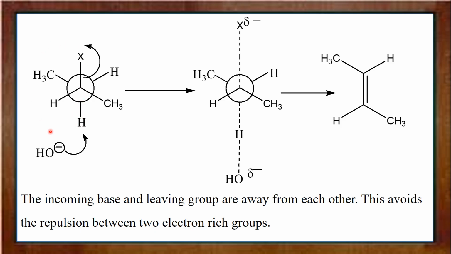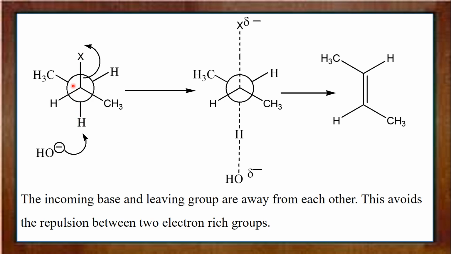So this is the staggered conformer of the alkyl halide, in which the halogen in the alpha carbon and the hydrogen in the beta carbon are anti-periplanar or anti-coplanar. Both are on the same plane, but they are in the opposite direction. Both are at an angle of 180 degrees.